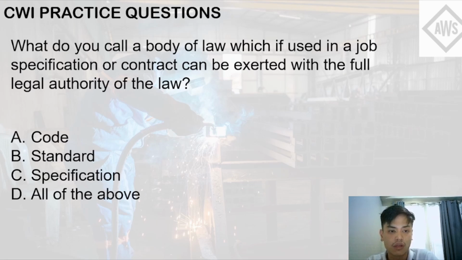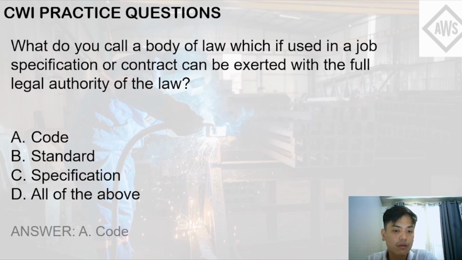Not to go on a tangent, but the welding procedure specification is the best example of a specification because it lists the needed specs for the weld: for example, the electrical current, the base metal, the filler metal, and the welding technique as well. So the answer here is A, code.